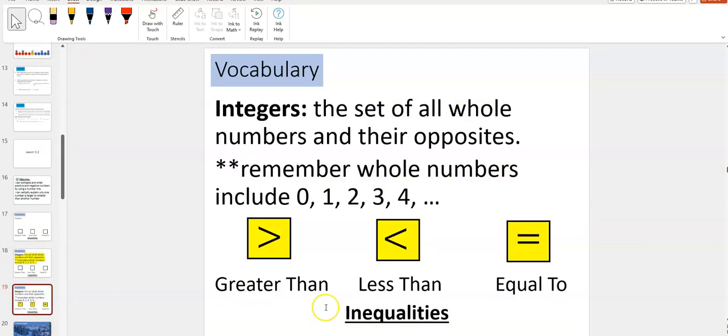The next thing we need to remind ourselves about are these inequalities. So an inequality has the word equal in it, but this prefix in means it's kind of similar to not. So inequalities are symbols that can tell me what they're not equal to, okay? So we've got greater than symbols that always open to the left, less than symbols that always open to the right, and then our normal equal sign.